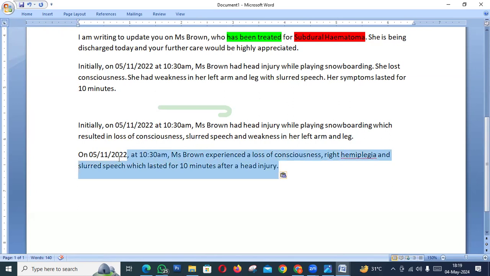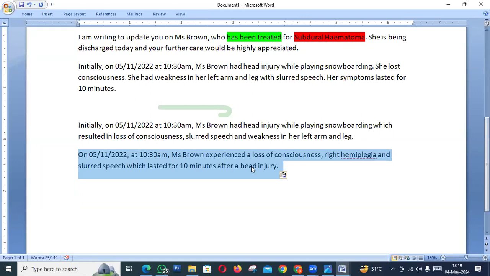Which one is better, this one or the above one? Second one, sir. Second one is better. Why is it better? Because here you're changing. You just not copy and paste from the case notes. A little bit you are changing your language. Experienced is good.